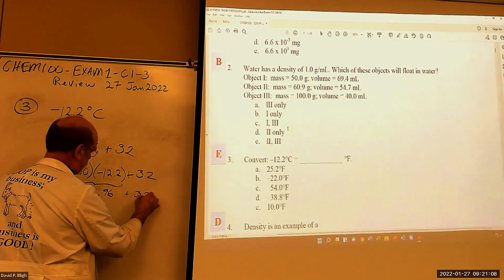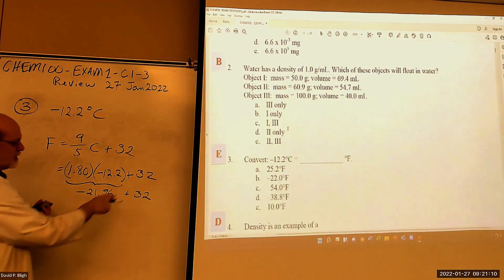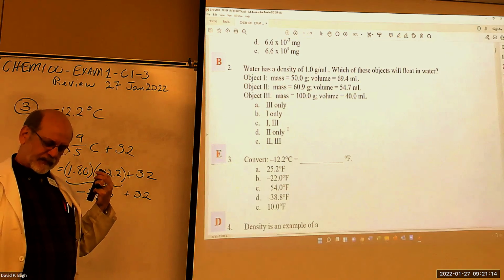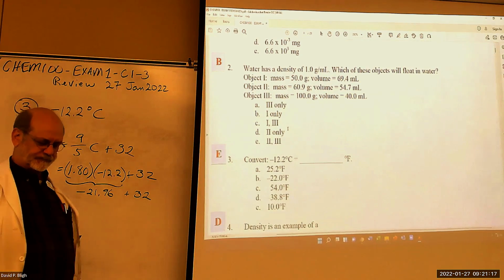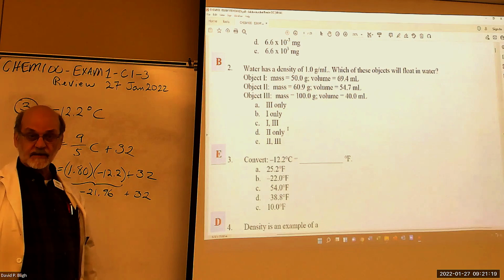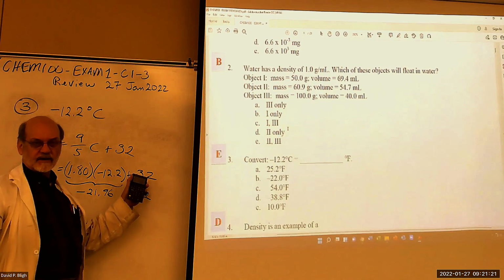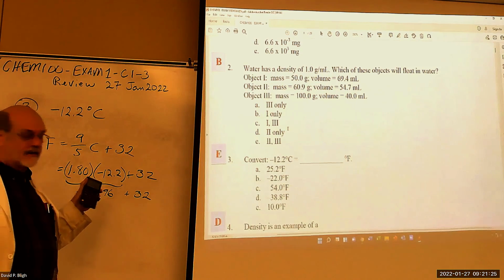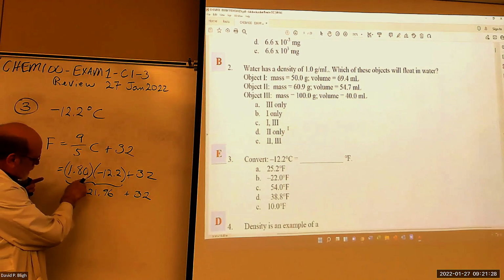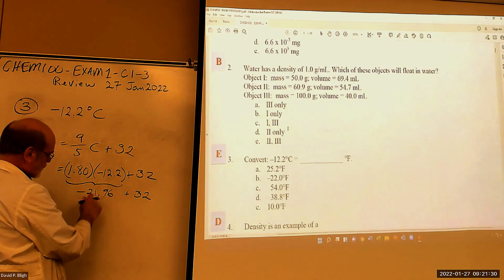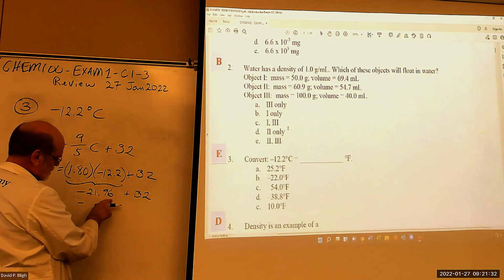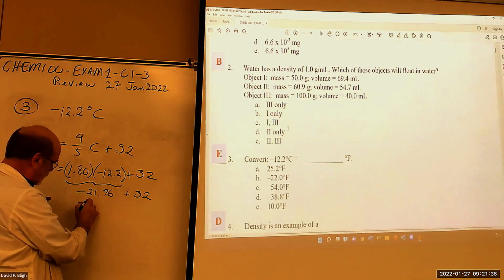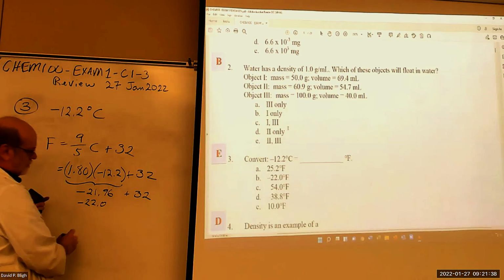Now, 32 is an exact number, so it will not limit our significant figures. Really what you've got is three significant figures, so we have to round this one off, which rounds up to 10, making this 22.0.